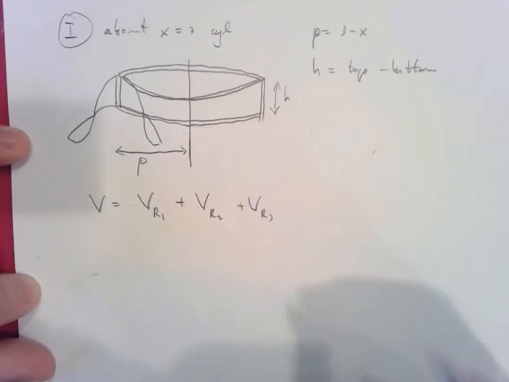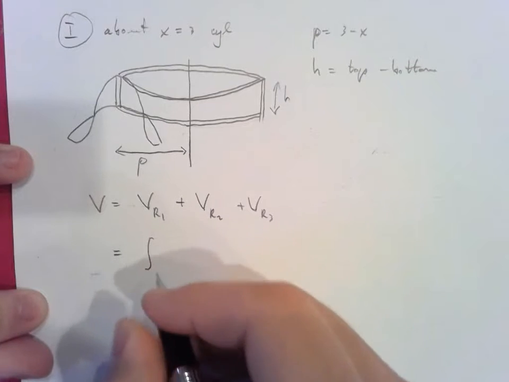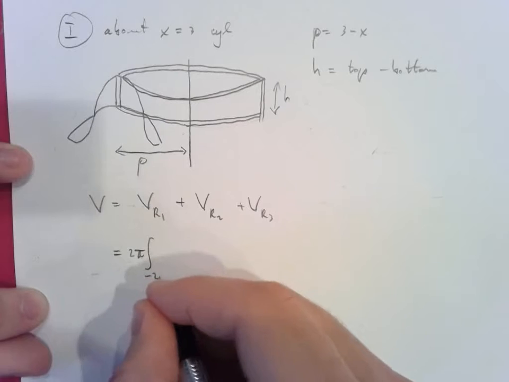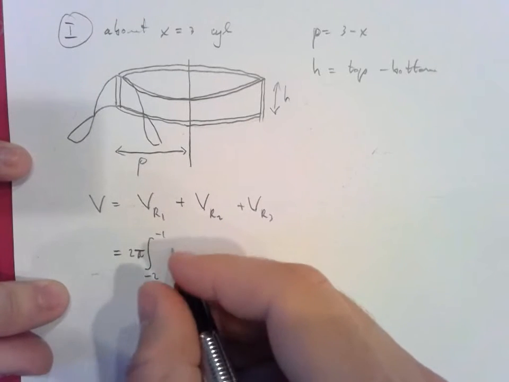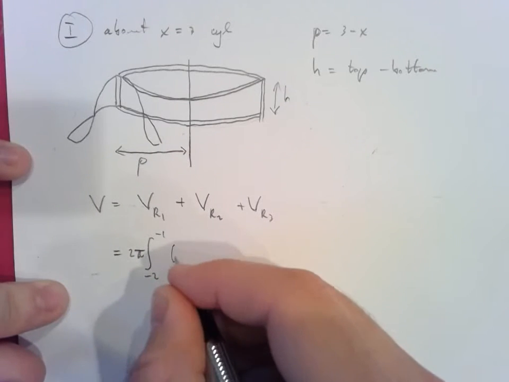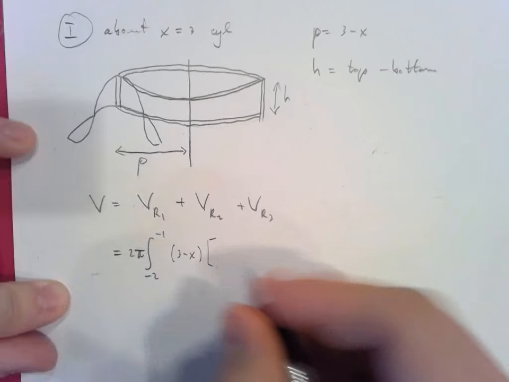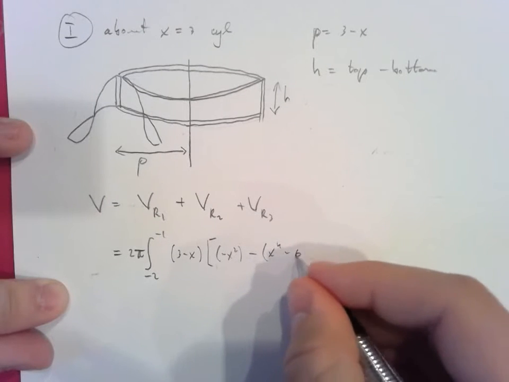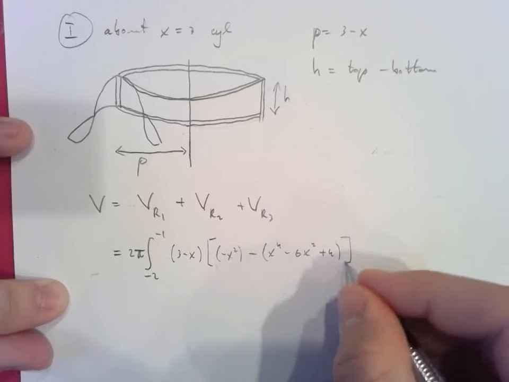And what do I end up with? Let's see. Over region 1, I have 2 pi times the integral from minus 2 to minus 1 of rho h dx, right? So I have 3 minus x, and h is top curve minus bottom curve, dx.